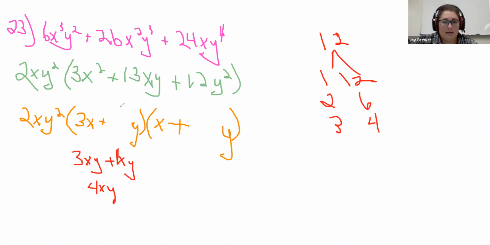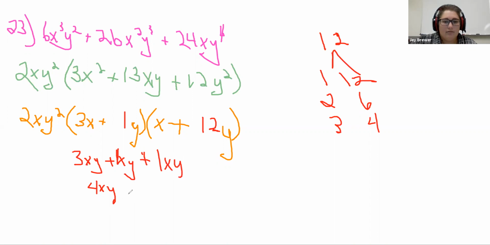So I mean, you can play guess and check. That's one option. If we put a 1 in here and a 12 in here, that still gets us 12y squared, right? Yes, it does. Okay. But if we do that, then we're looking at another xy.